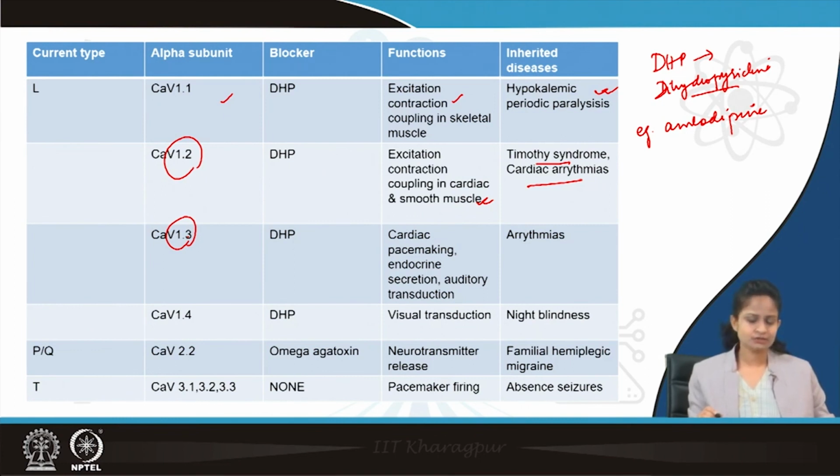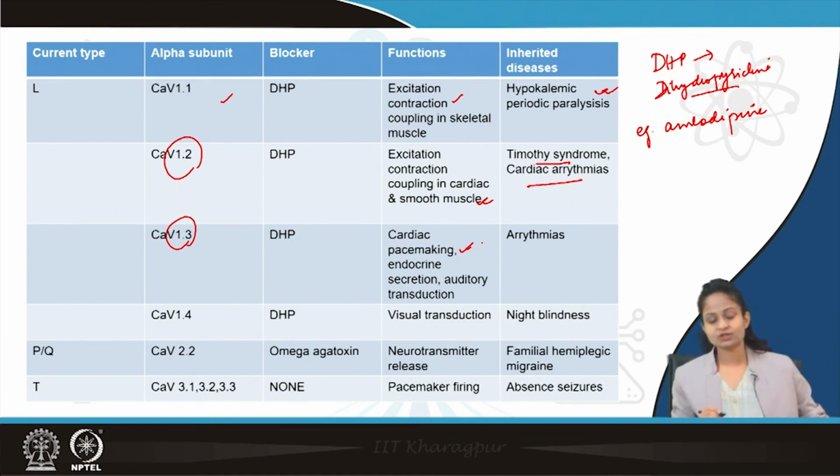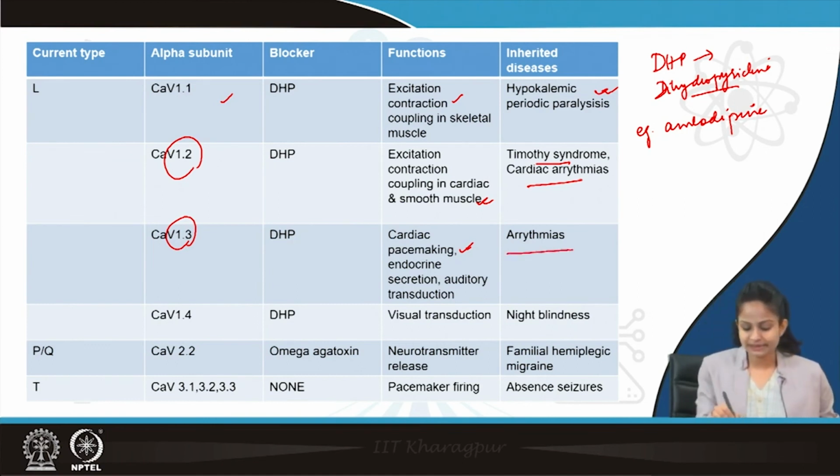That means it is also present in the nodal tissue apart from the atrial and the ventricular musculature, which is seen for the voltage gated calcium channel 1.2. So, this 1.3 is mainly present in the nodal tissues, and cardiac pacemaking is a very important function over there, and that is why any abnormality to this voltage gated calcium channel will result in arrhythmias. Any types of arrhythmia can occur: ventricular tachycardia, ventricular fibrillations.